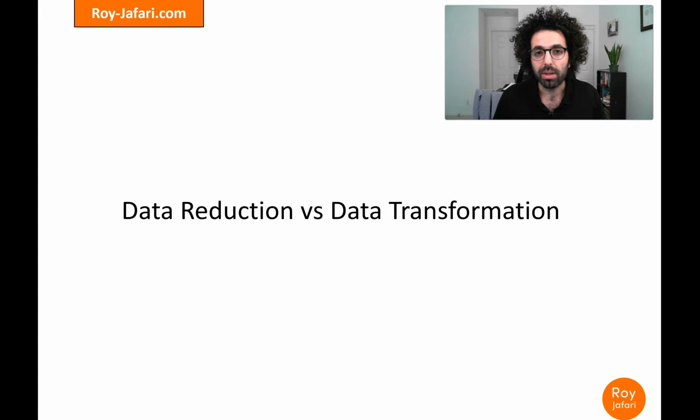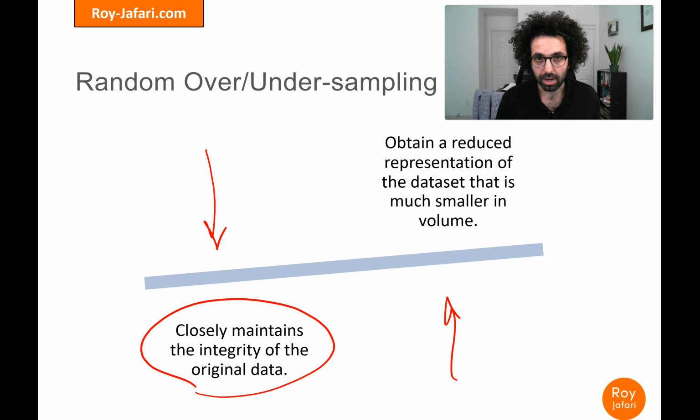So when we have to do some data reduction and, at the same time, our algorithm needs a prescribed ratio between the subpopulations, we mix these two steps, and that's why random over/undersampling is not really maintaining the integrity of the data.